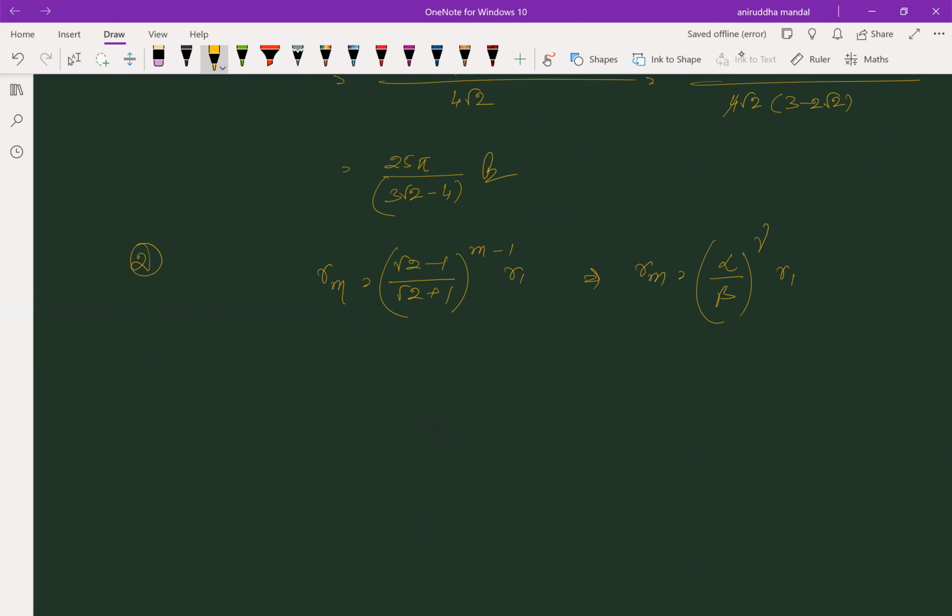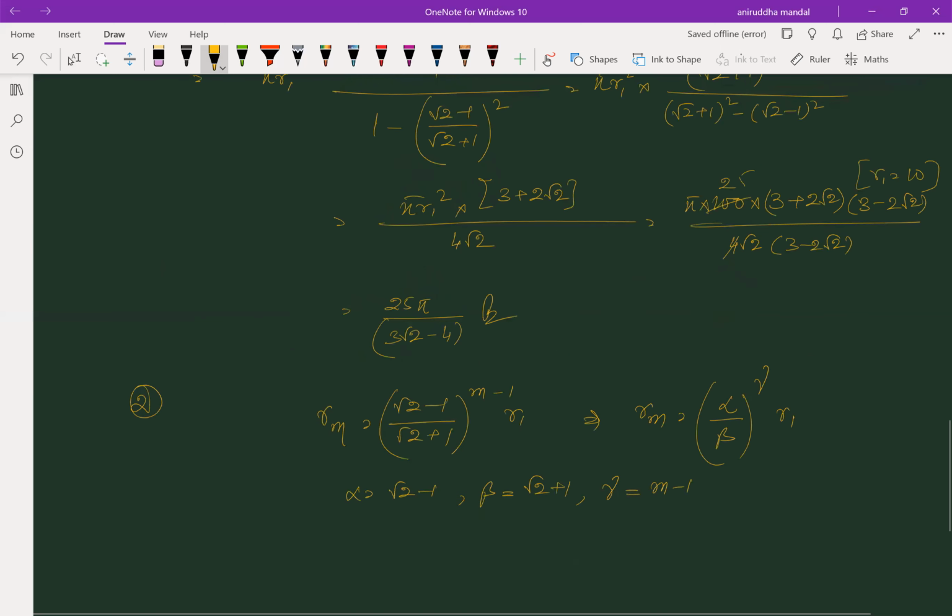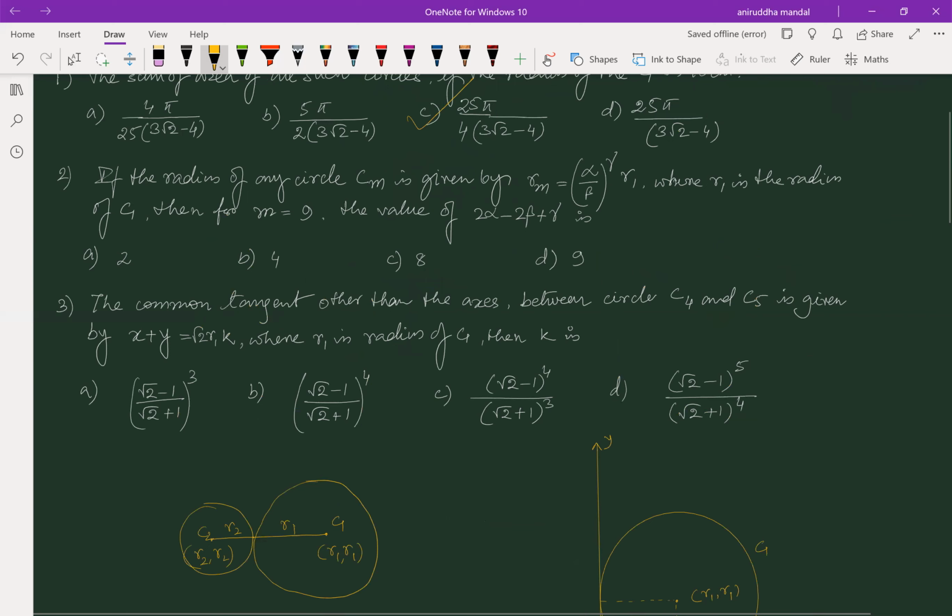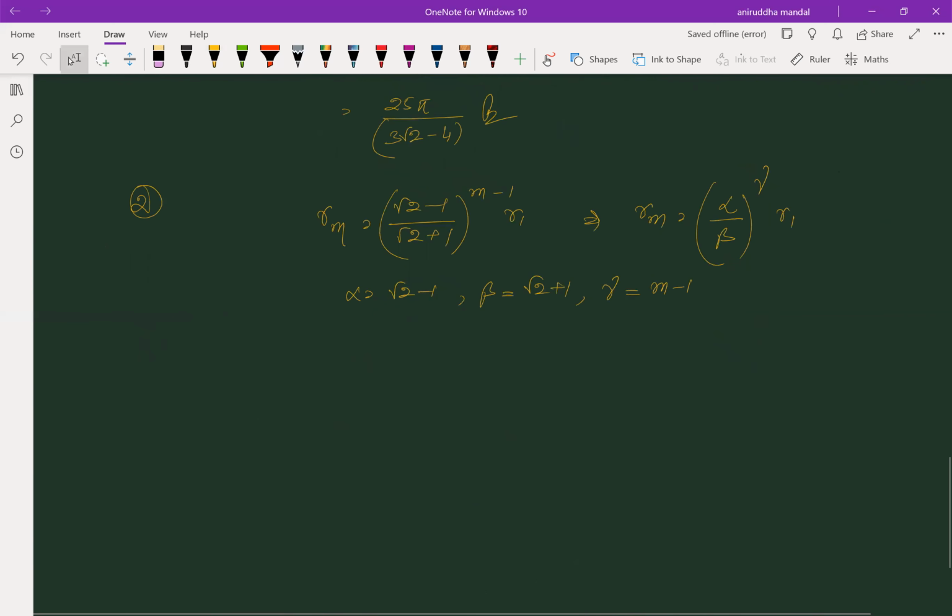So if we compare this, we get alpha as root 2 minus 1, beta as root 2 plus 1, and gamma as m minus 1. Now this m is given as 9, so gamma equal to 8. So gamma we have found as 8, and we have to find the value of 2 alpha minus 2 beta plus gamma.